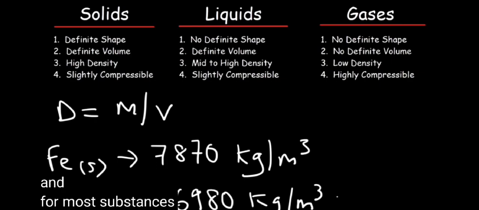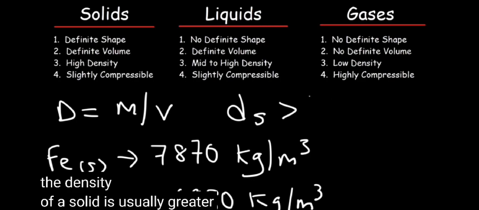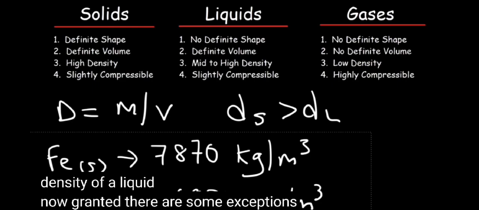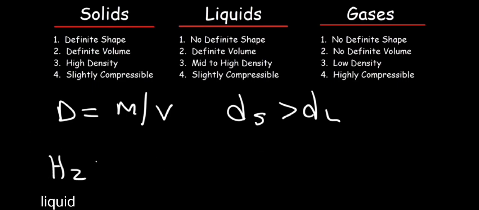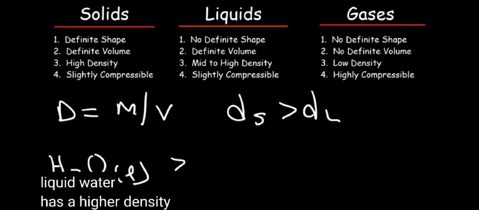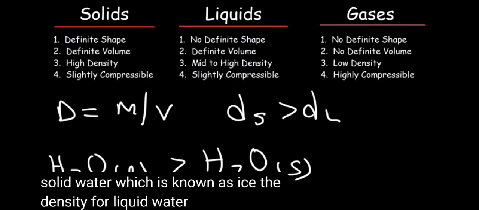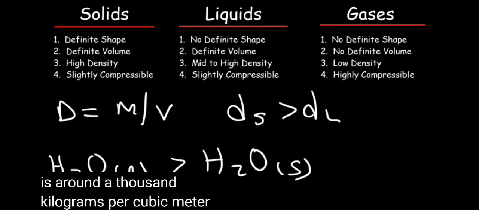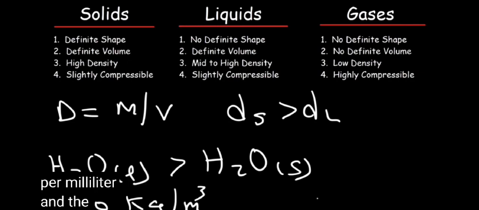And for most substances, the density of a solid is usually greater than the density of a liquid. Now granted, there are some exceptions. For instance, liquid water has a higher density than solid water, which is known as ice. The density for liquid water is around 1,000 kilograms per cubic meter, which is the same as 1 gram per milliliter.